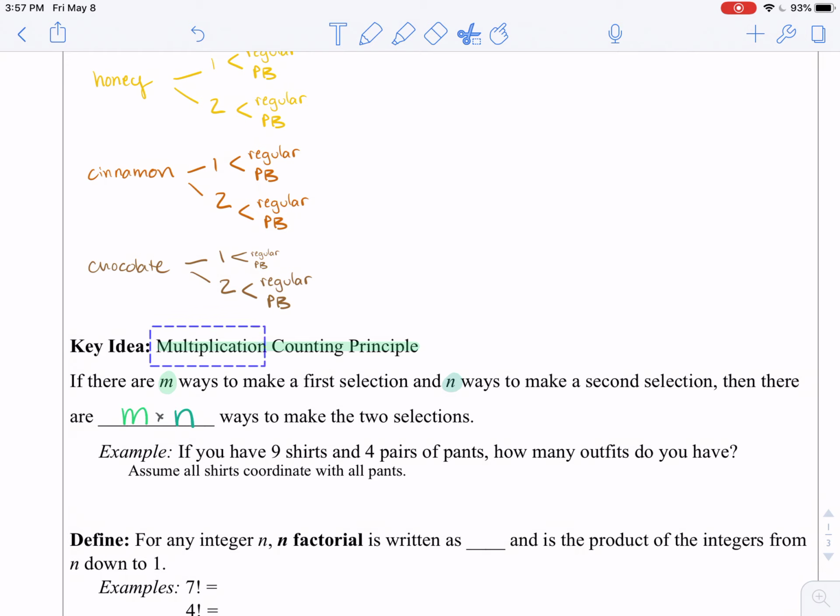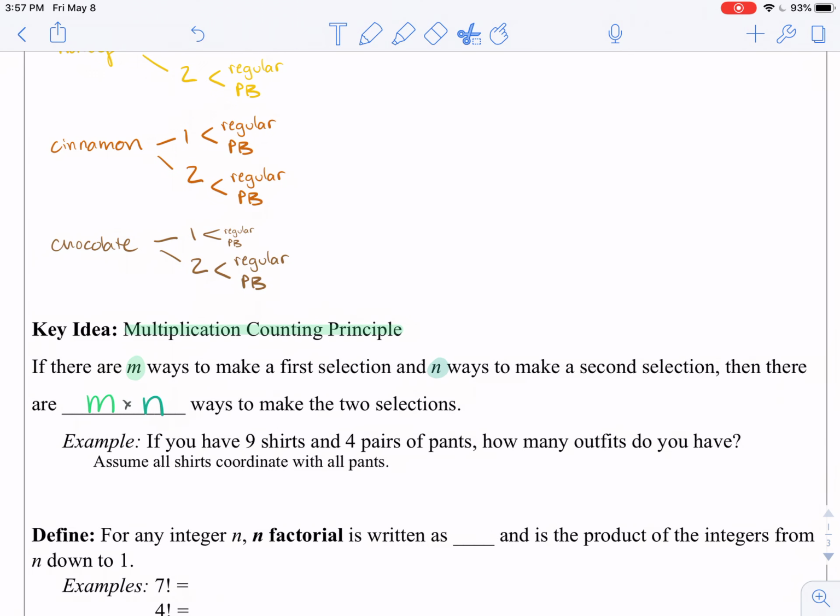That's why it's multiplication, because you multiply. And in counting, we're counting all the different options. It's a principle because it's an idea. So if you have m first options and n second options, then you have m times n total options.